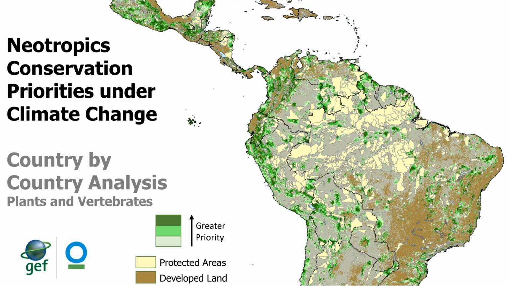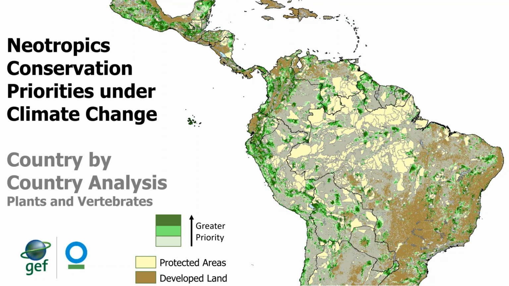And the successive shades of green are higher value or greater priority for areas to add to the existing conserved area network. So areas in darkest green are the most valuable spots of the landscape to conserve all species, both current ranges and future ranges simultaneously.